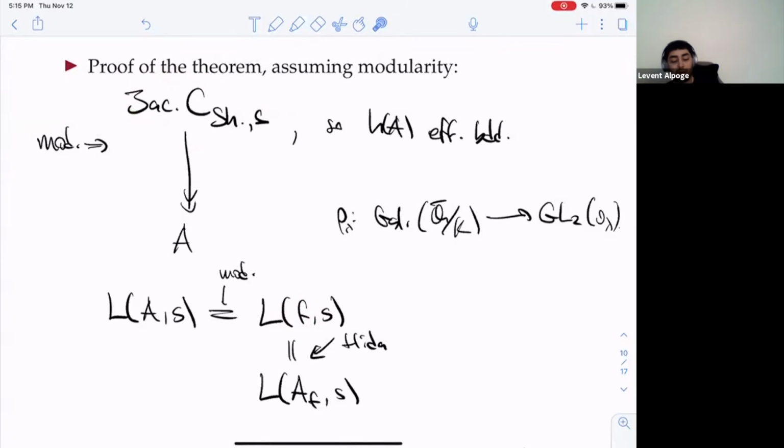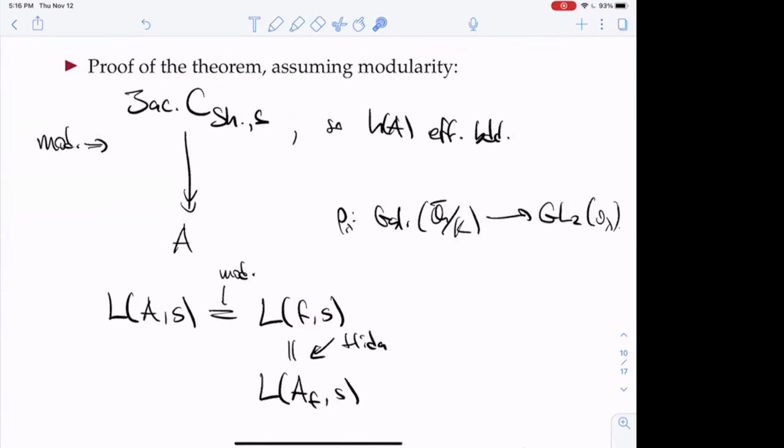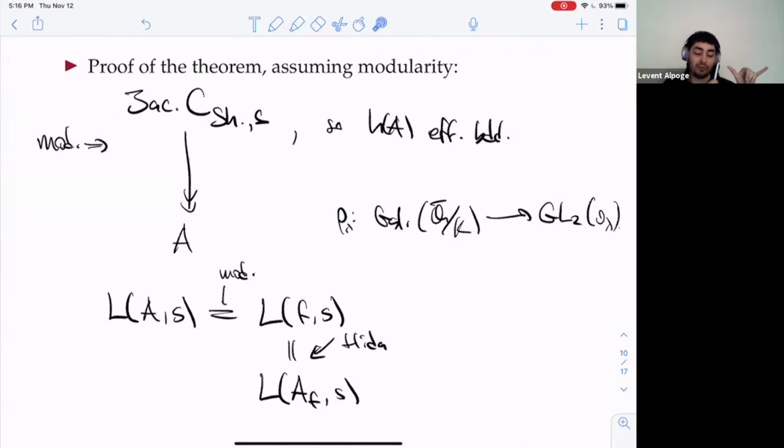If I want to end up with a curve, I need the quaternion algebra to be ramified at all but one infinite place. So it's unramified at all finite places, and it's got to be ramified at all but one infinite place, because the dimension of the corresponding Shimura variety is going to be the number of unramified infinite places.